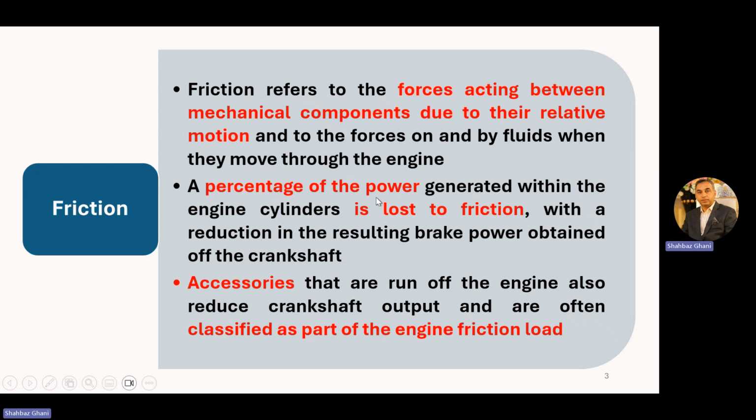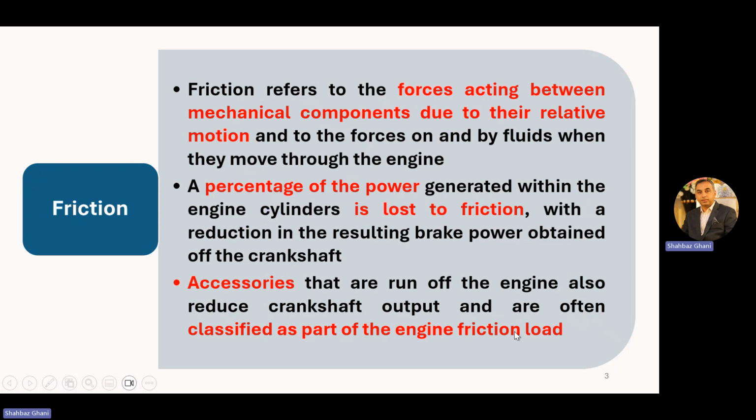A percentage of power generated within the engine cylinder is lost to friction. There are friction losses, as we have studied in chapter 10 and previously, with a reduction in the resulting brake power. So the loss in friction results in a reduction in brake power obtained off the crankshaft. Moreover, accessories that run off the engine also reduce crankshaft output and are often classified as part of the engine friction load.